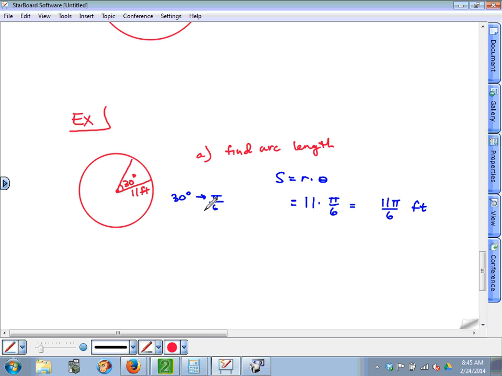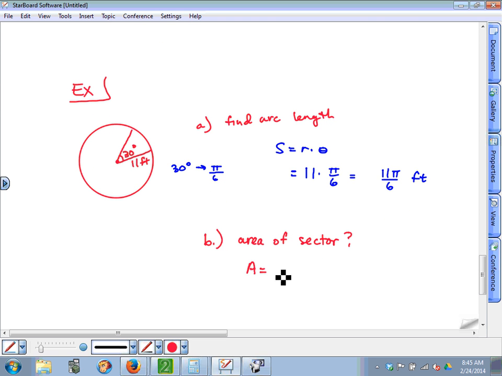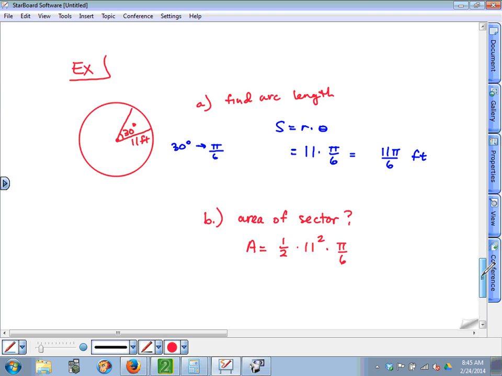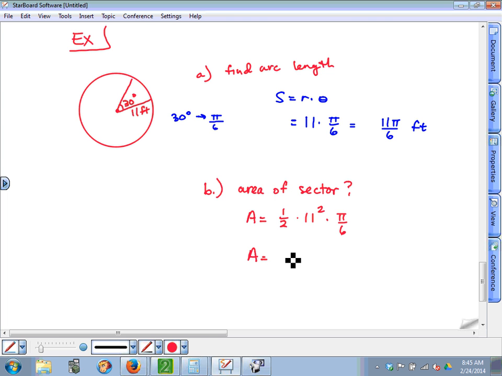And now that we know that the angle measure is pi over 6, part B ought to be easy. What's the area of the sector? So we use the formula, area equals 1/2 times the radius squared times pi over 6. So it's 1/2 times 121 times pi over 6.